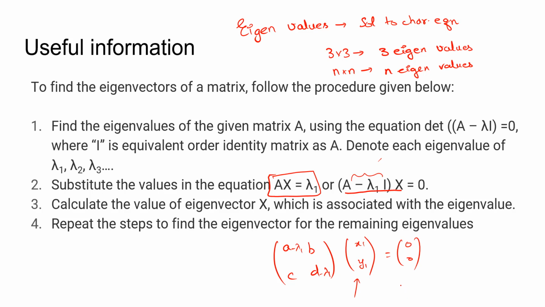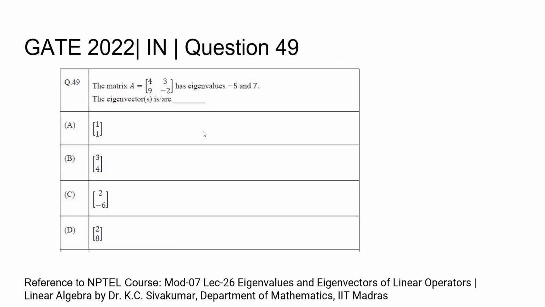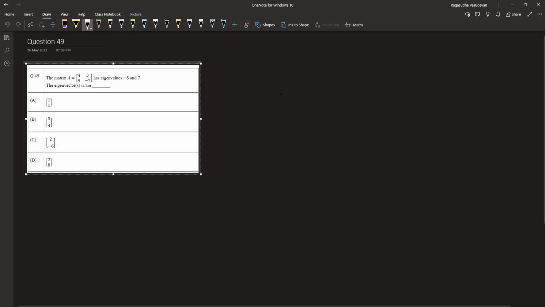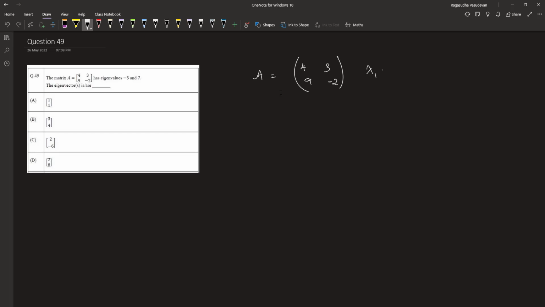Similarly, we do it for the other eigenvalue. Let us decode the given information, which says that this matrix has two eigenvalues, minus 5 and 7, and then we can find the eigenvectors. The matrix A is equal to 4, 3, 9, minus 2, and the eigenvalues are lambda 1 equal to minus 5 and lambda 2 equal to 5.